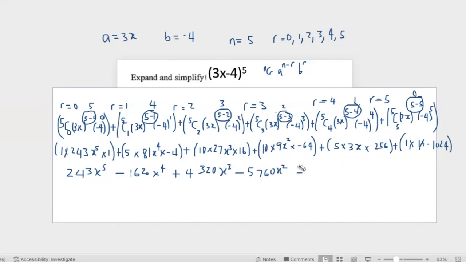This should be positive. Just to correct, I stated in the video that when you have an even number, it's supposed to be positive. So correcting that error, this should be positive 256, which I've corrected. And therefore, this is going to be positive 3,840x and then minus 1024.